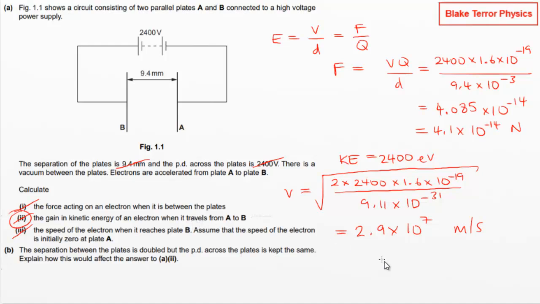Well, it wouldn't, because we know that the energy is equal to the voltage multiplied by the charge. Well, the charge isn't changing and the voltage isn't changing. This is not a function of D, of separation. So it doesn't make any difference.